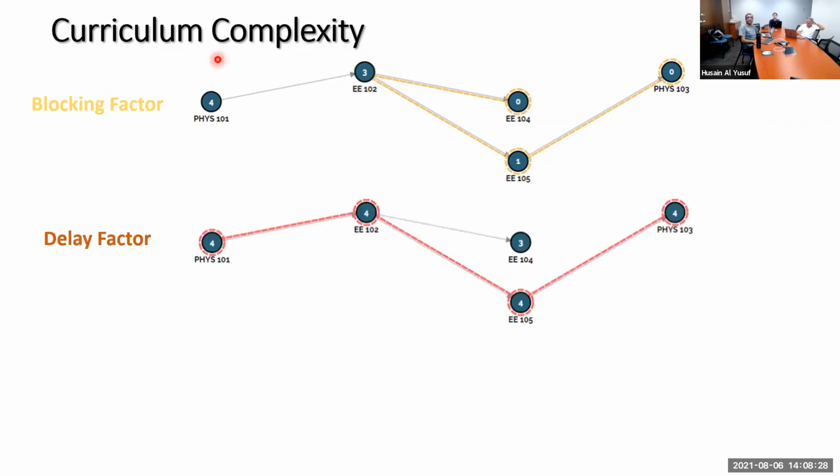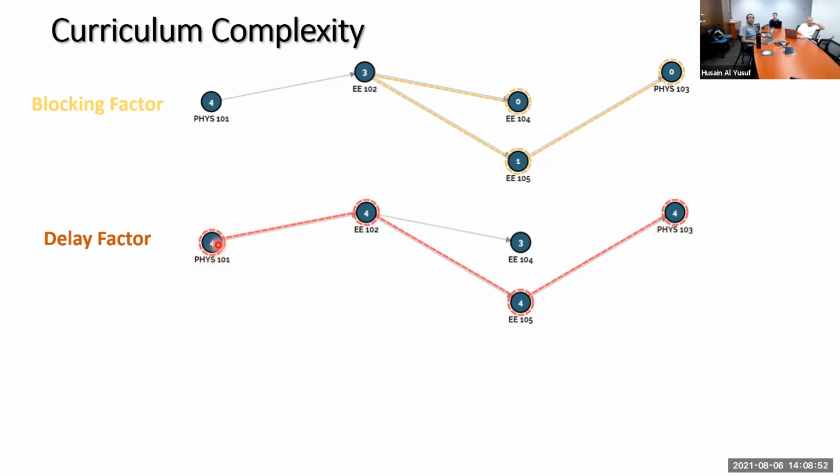The delay factor is the longest path for each course in a curriculum. The intuition is how many courses in sequence you have to take in order to fulfill this curriculum.